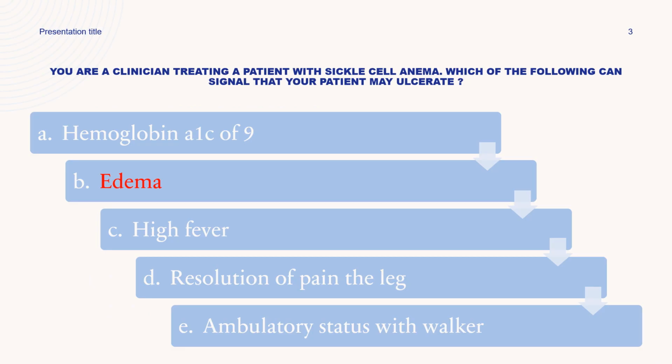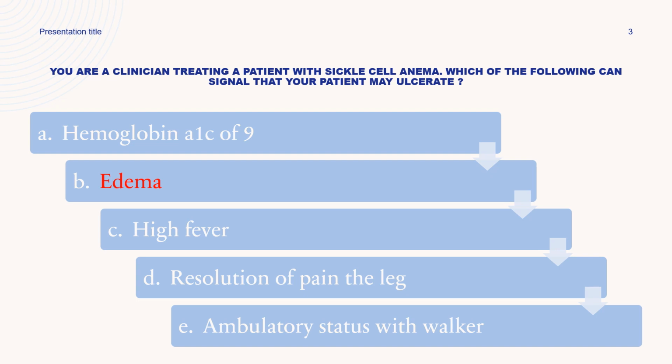The answer is edema. So hemoglobin A1C is not usually associated with sickle cell disease, and people with sickle cell disease usually come with high fever of unknown origin, and they usually come in a lot of pain, especially when they are in crisis.